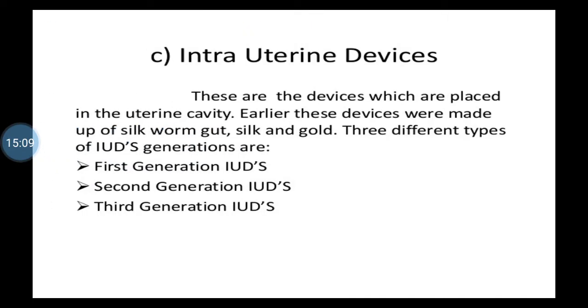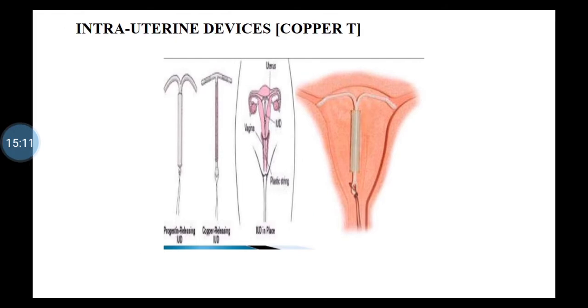Here the slide shows the copper T. In copper T also there are many more varieties, but the Department of Family Welfare has recommended the use of copper T 200, which is to be inserted deep inside the uterus.